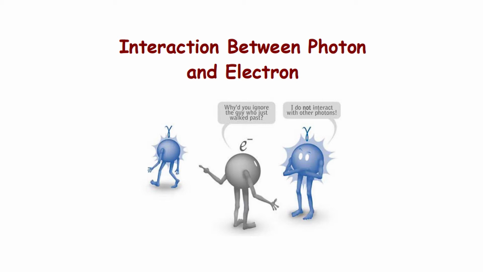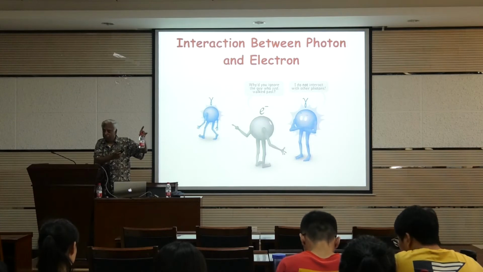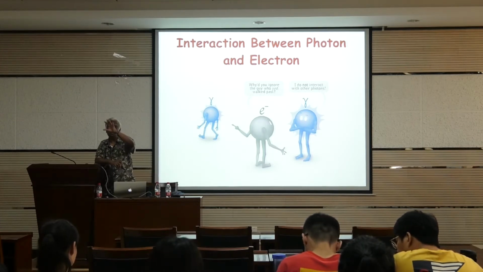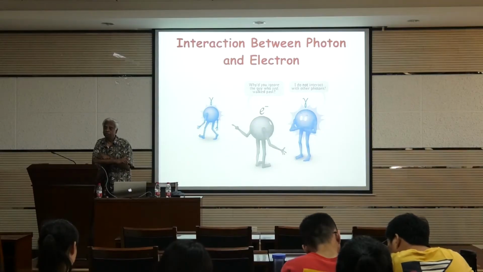A water bottle could be a water bottle, or it could be like a cloud. It is something we don't know exactly what it is, so we say it may be this, or it may be that. So when the electrons and the photons interact, what happens? That's what we want to know.